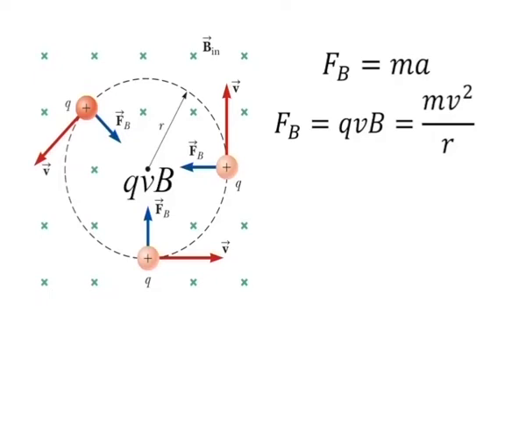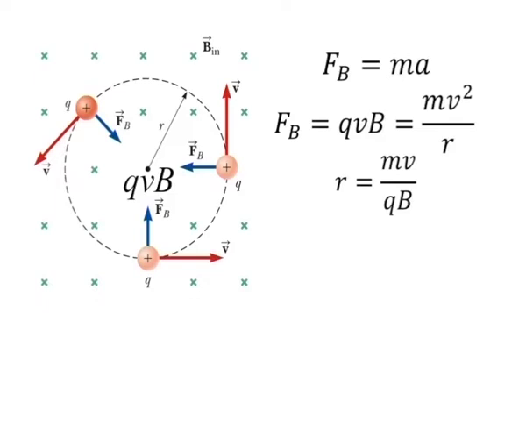This expression leads to the following equation for the radius of the circular path, that is r = mv/(qB). That is, the radius of the path is proportional to the linear momentum mv of the particle and inversely proportional to the magnitude of the charge on the particle and to the magnitude of the magnetic field.